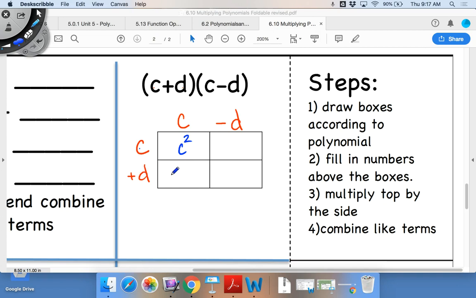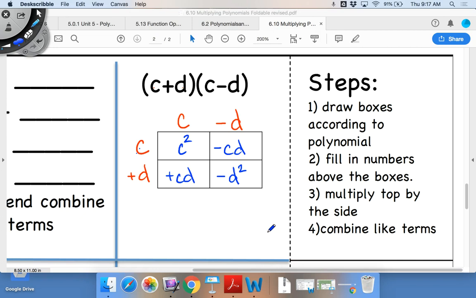C times positive D is positive CD. Then C times negative D, or negative D times C, would be negative CD, because alphabetical order. And then negative D times positive D would be negative D squared.